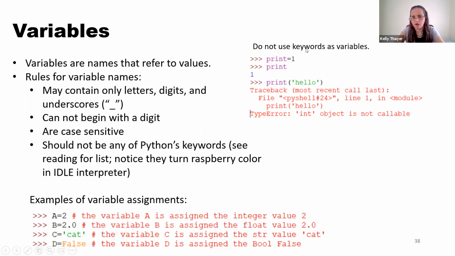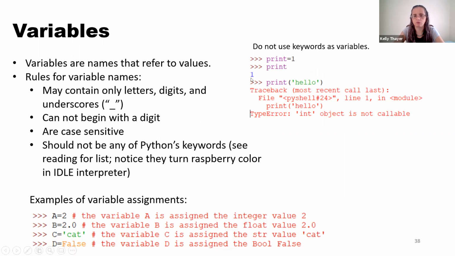Here's an example of using a keyword as a variable. So print, we've seen the print before, right? And so a student types print equals 1. Okay, well, first thing we should notice is this purple color, and that should be a dead giveaway that that is a keyword in Python, and maybe we shouldn't be doing this. Okay, so let's suppose that we did it. You do print equals 1, and I say, Python, what's the value of print?